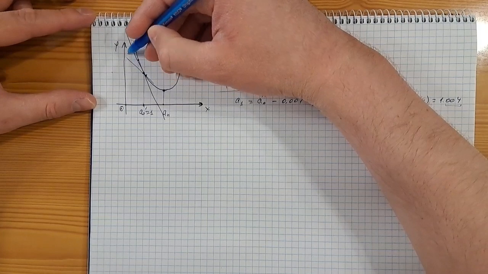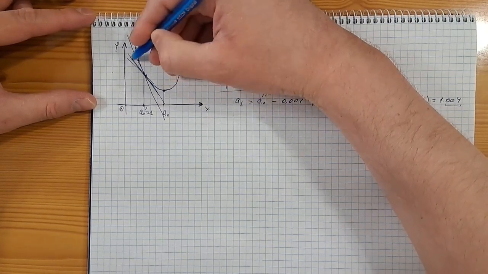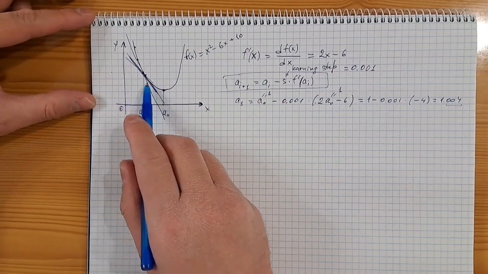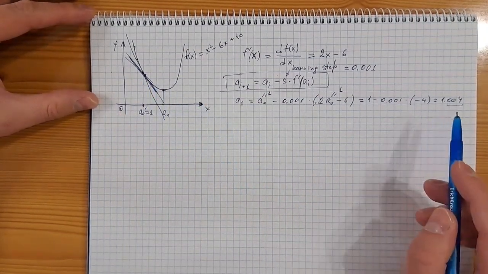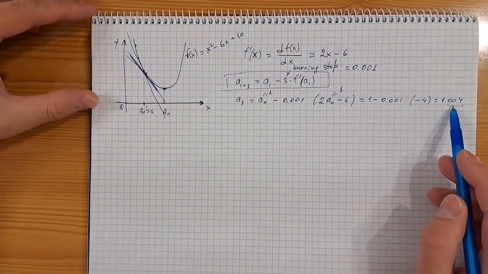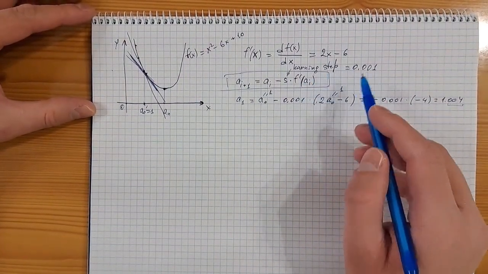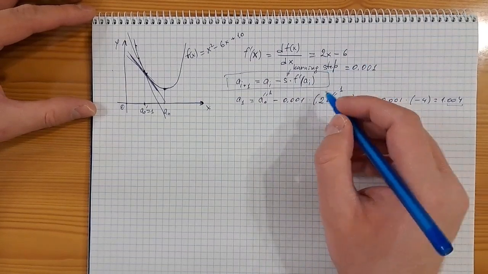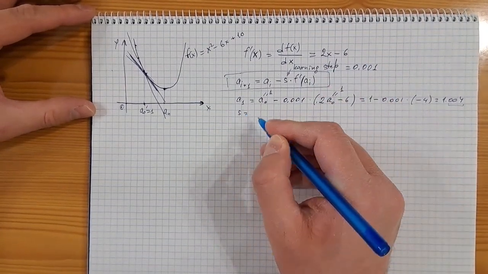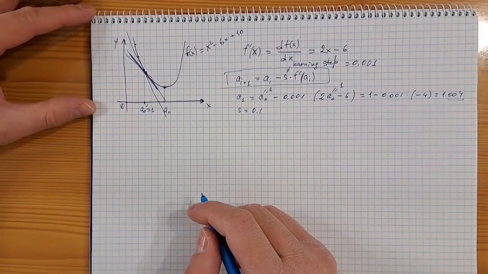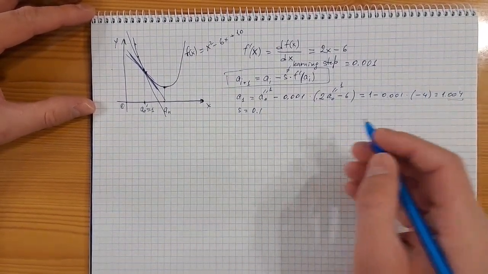And here we have another tangent line, which has a slightly different slope. Here I should say that we actually took very small learning steps, so let's redefine our learning step. Let it be 0.1. I think we're going to get there faster.